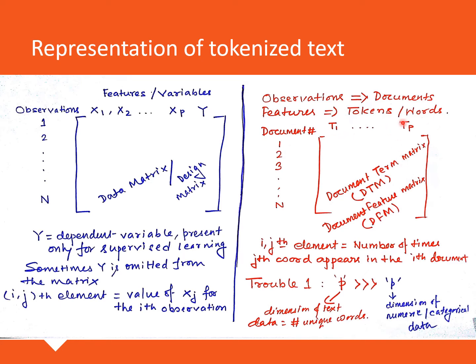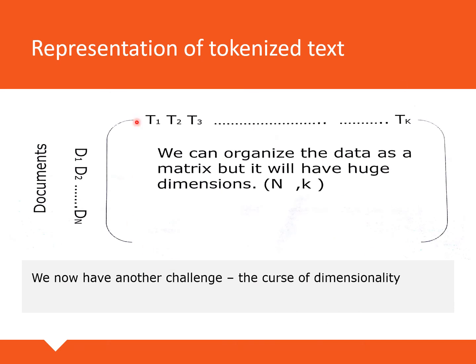One is the problem of dimensionality, where the number of columns in this matrix will be huge, and the other problem is that this will be a very sparse matrix with lots of zero entries. So this is how a general representation of a document term matrix or a document feature matrix will look.